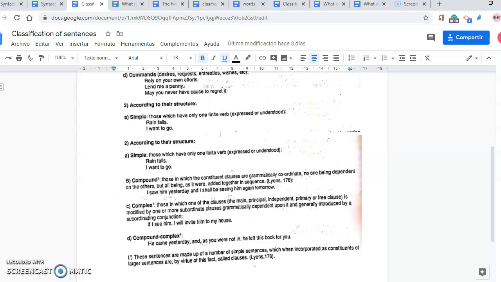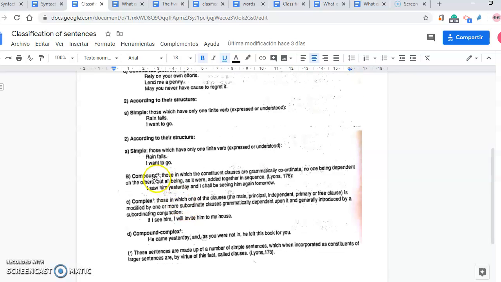Then we are going to see what a finite verb is. So it can be a compound sentence, that is to say, the man ran and Mary slept. So we've got two clauses, main clauses, linked by a coordinating conjunction.